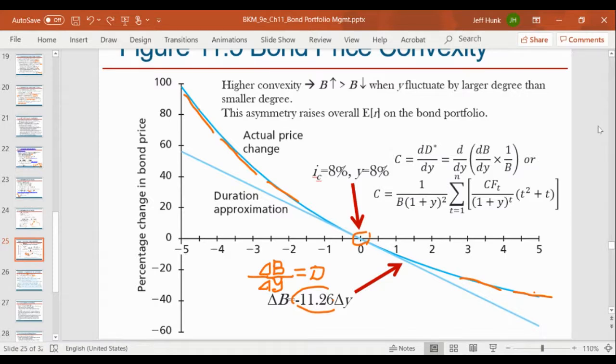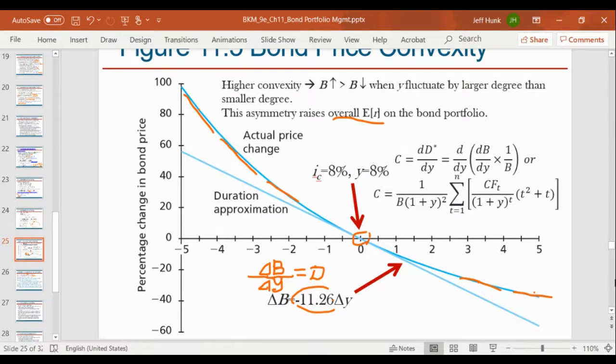If the magnitude of change in bond prices is the same, then they will cancel out. But since it's asymmetrical, and the upside in the bond price change is greater than the downside, overall expected return is higher, right?